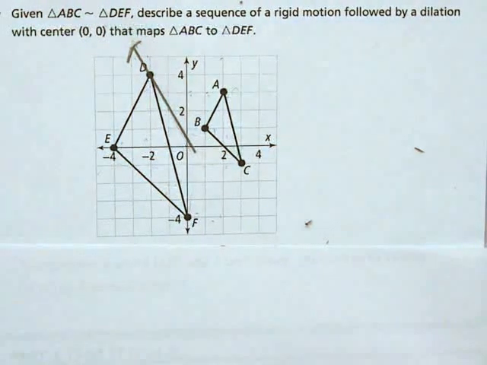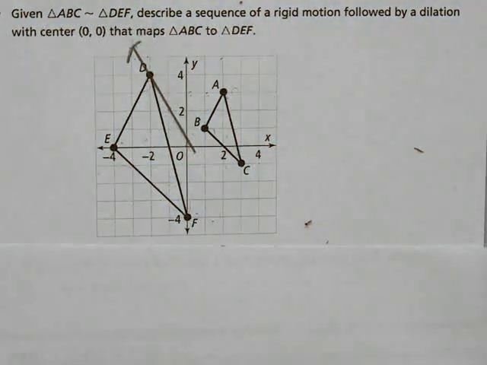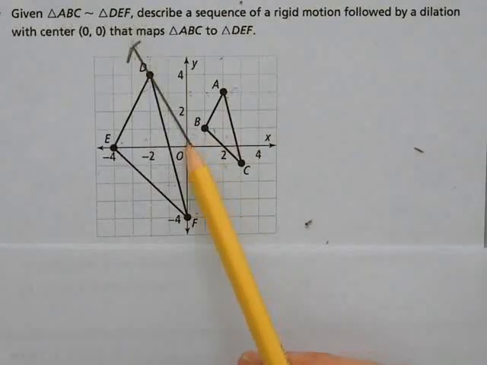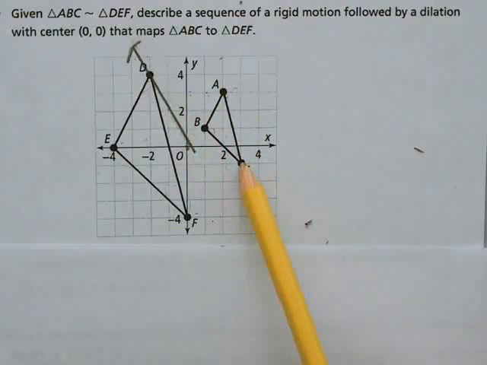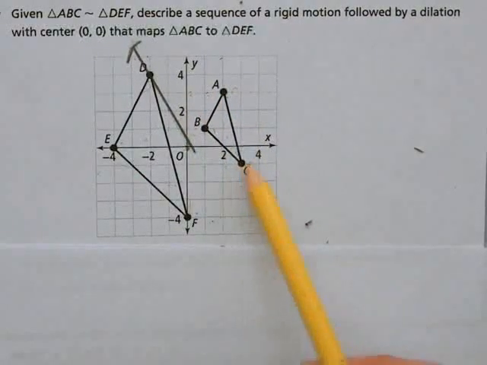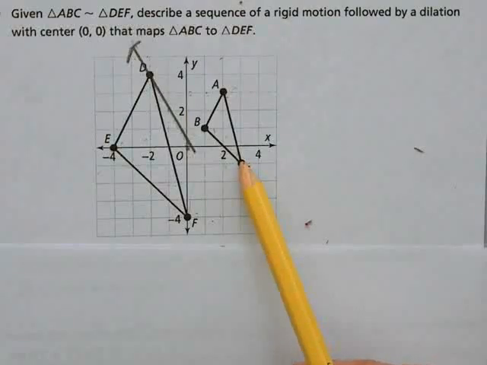So I'm going to start by moving this over. My clue here is that one of my points is going to have to end up on this line somehow. And what I can see is that my best candidate, just visually, looks like C. So I'm going to start seeing what it would take to move this over.